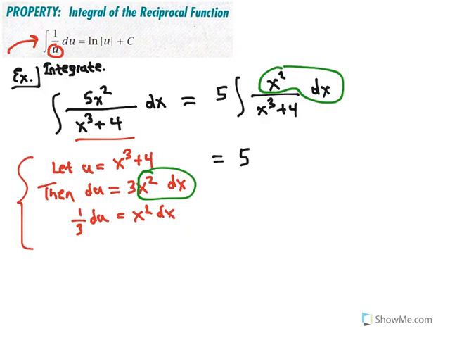So how do we do that? We have 5 times the indefinite integral of x squared dx, which will be replaced with 1/3 du. So in the numerator we'll have 1, and the part that I circled in green is being replaced with 1/3 du.